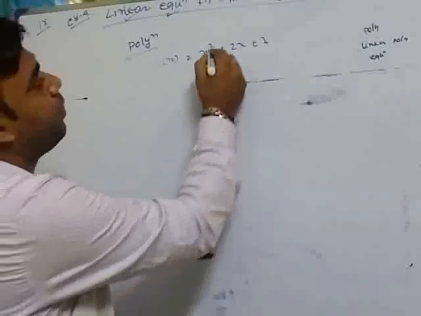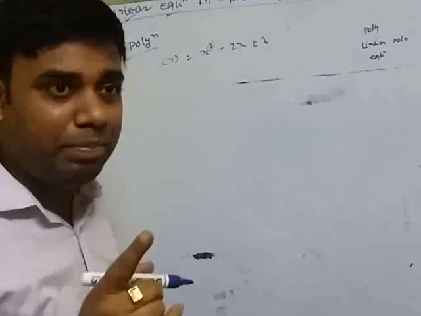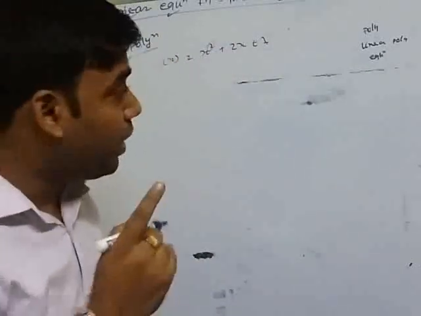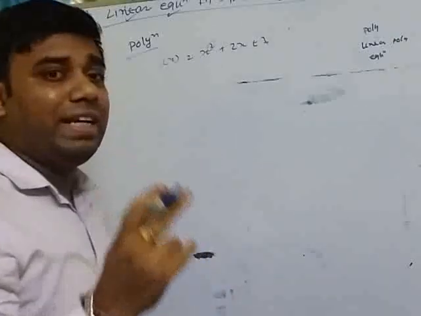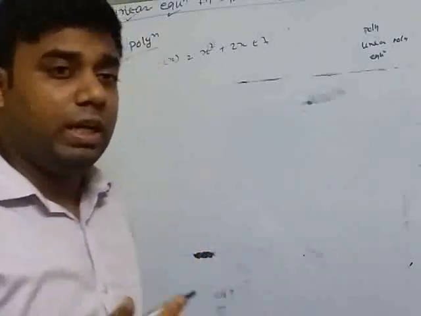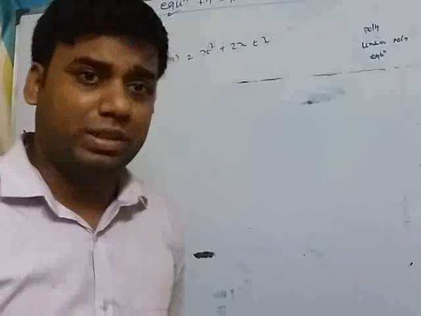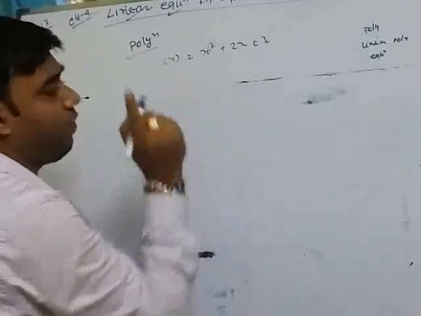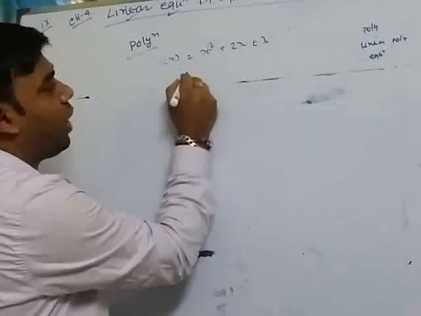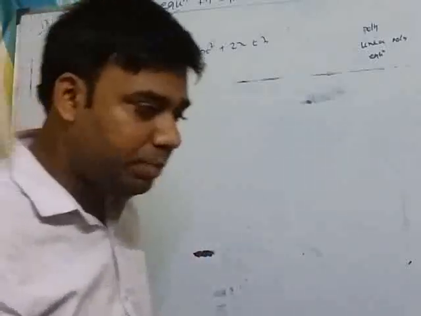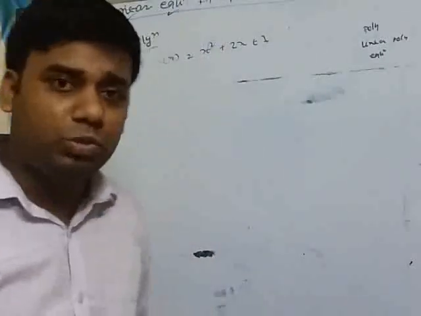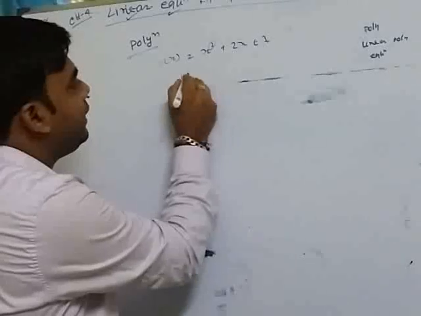Now, on the basis of the power, which is a non-negative integer, we can classify the polynomial into 3 or 4 parts. In the first part, if the highest power is 1, degree means the highest power of the polynomial, that is a linear polynomial.